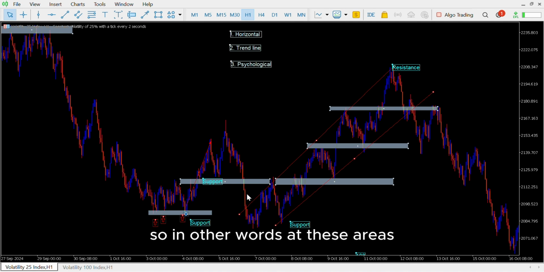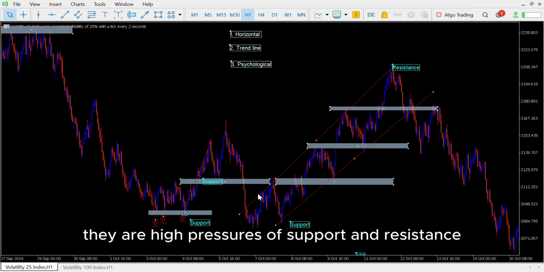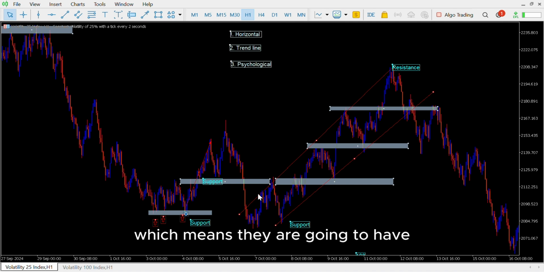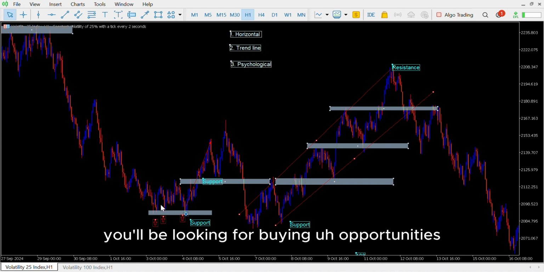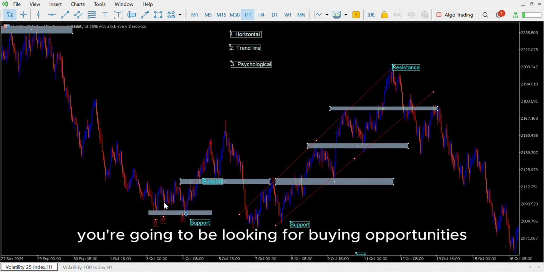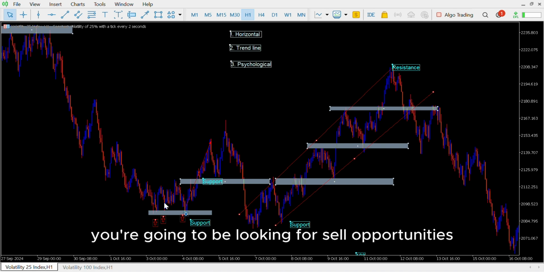So in other words, at these areas you can actually execute the market because you know that there are high pressures of support and resistance, which means they are going to be associated with selling pressure and buying pressure. At the support line you're going to be looking for buying opportunities, and at the resistance line you're going to be looking for sell opportunities.